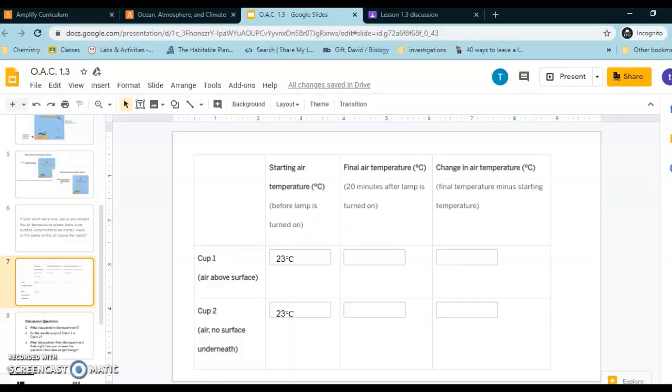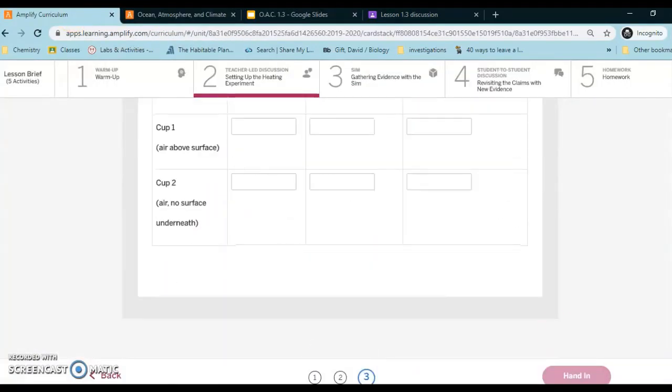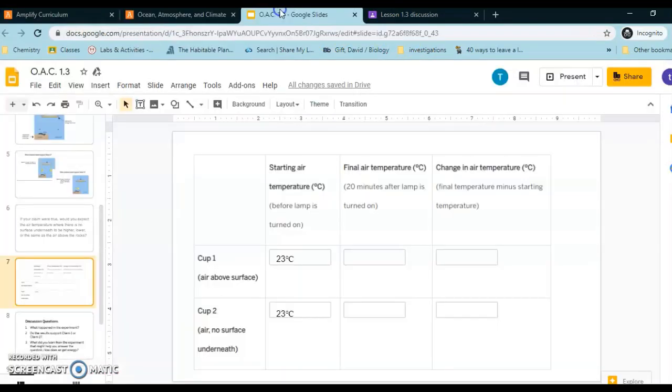Okay, welcome back again. So at this time, this should be completely filled out for you guys. And you should have hit the hand in button right here. Please make sure you hand in your work so I can see it. And now before we move on to our simulation, we are going to look at our data and do some discussion.